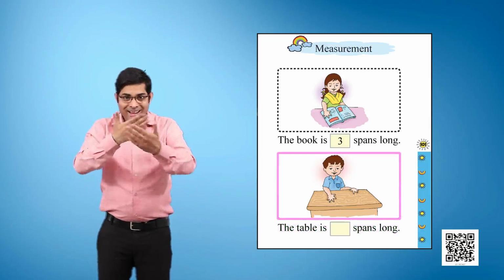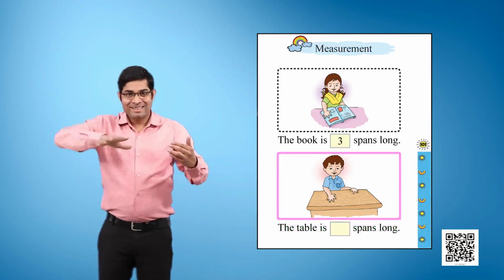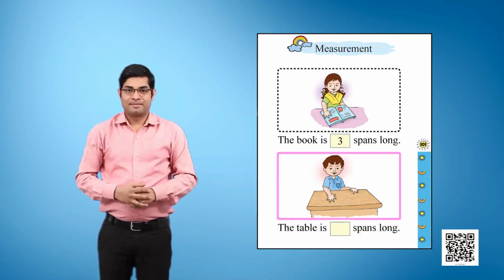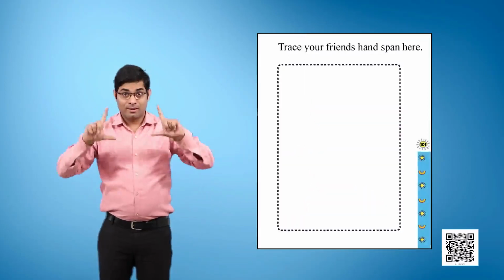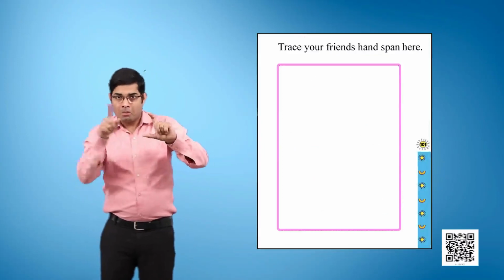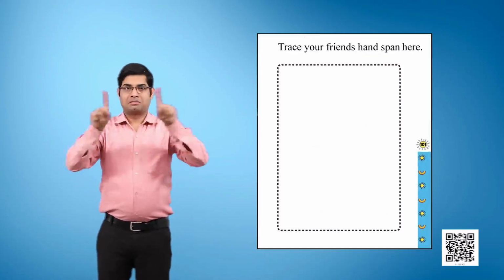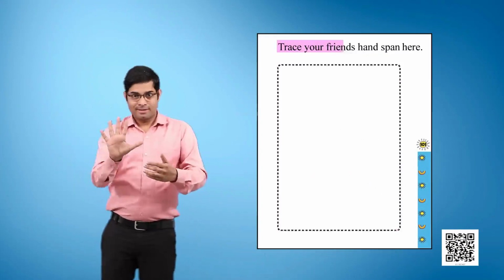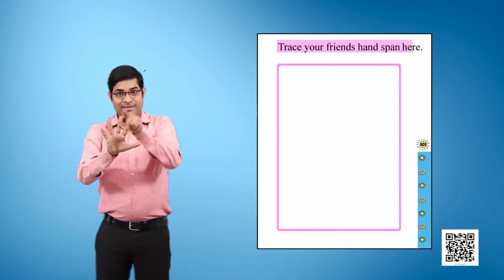You have to measure your table with your hand span and fill the dash. Picture 3 shows an empty big box in square shape. You have to trace your friend's hand span in the box.